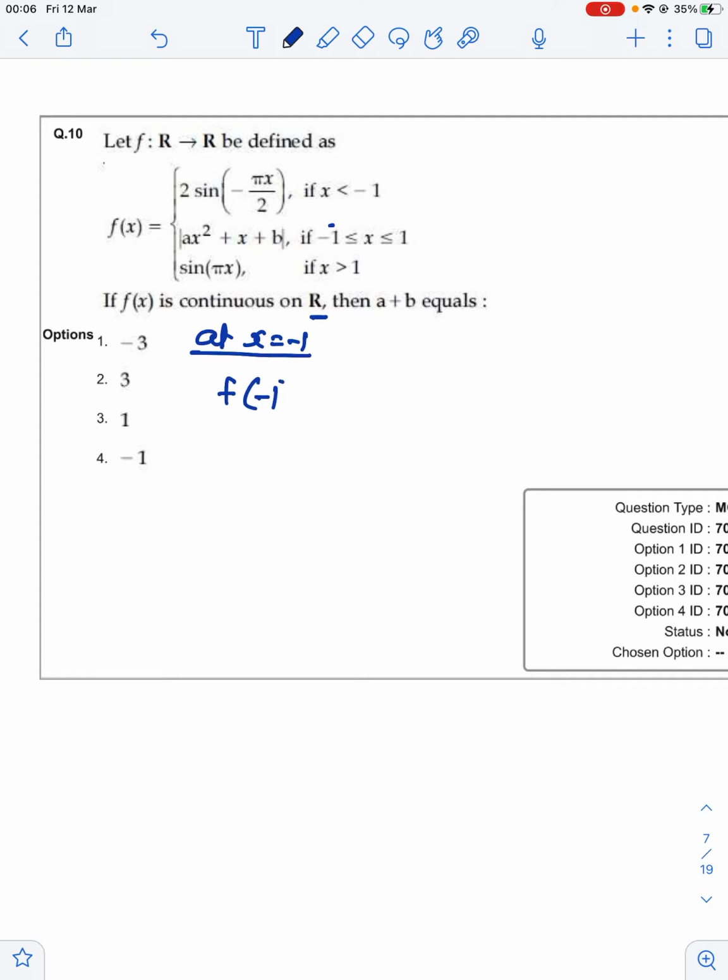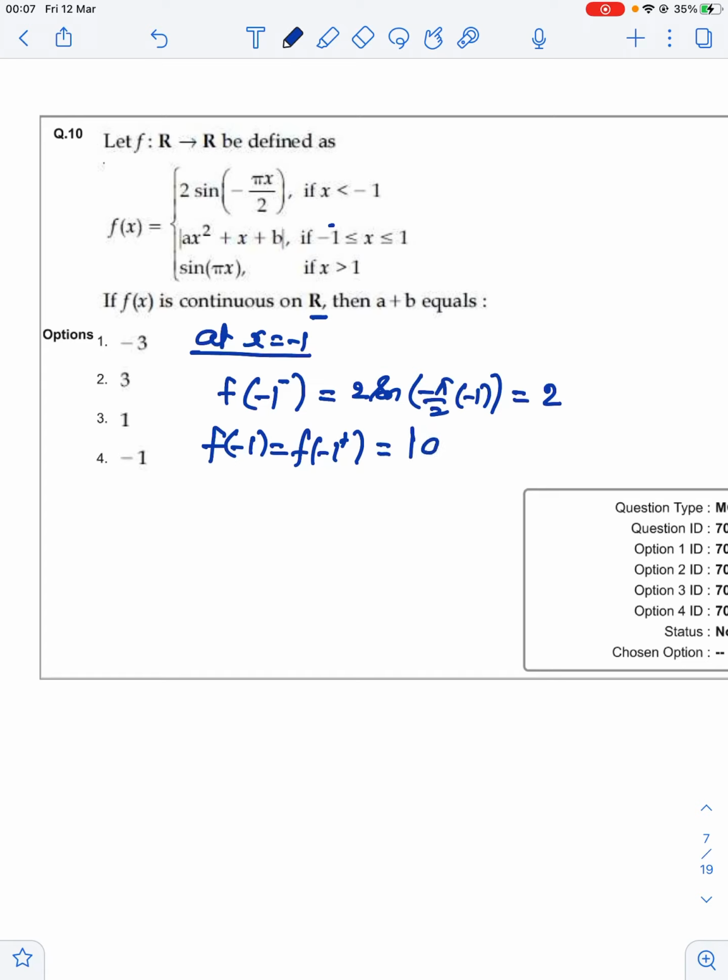So f of minus 1 minus, left of minus 1, is 2 sine minus pi by 2 into minus 1, which is 2. And f of minus 1 plus, right of minus 1, is given from the second portion.